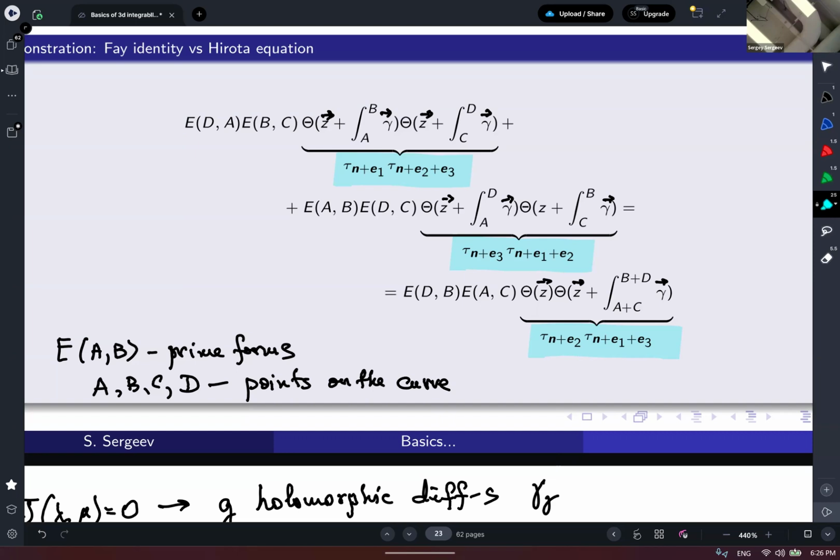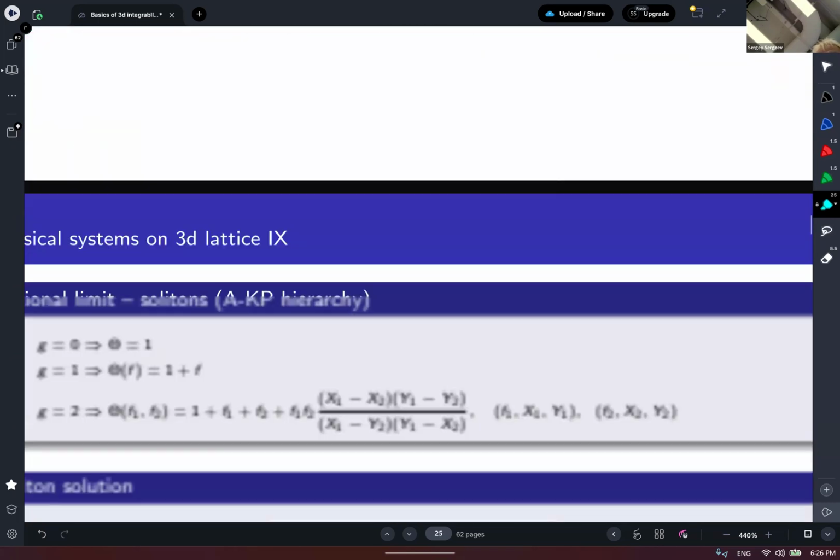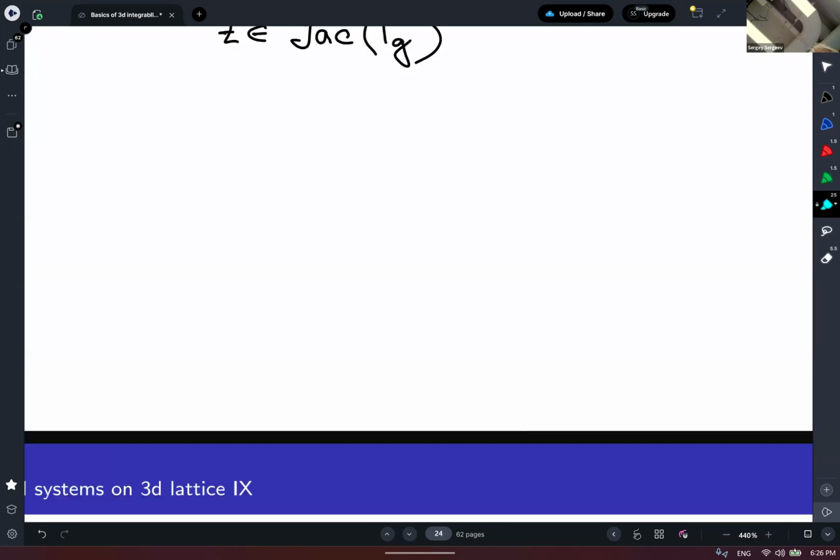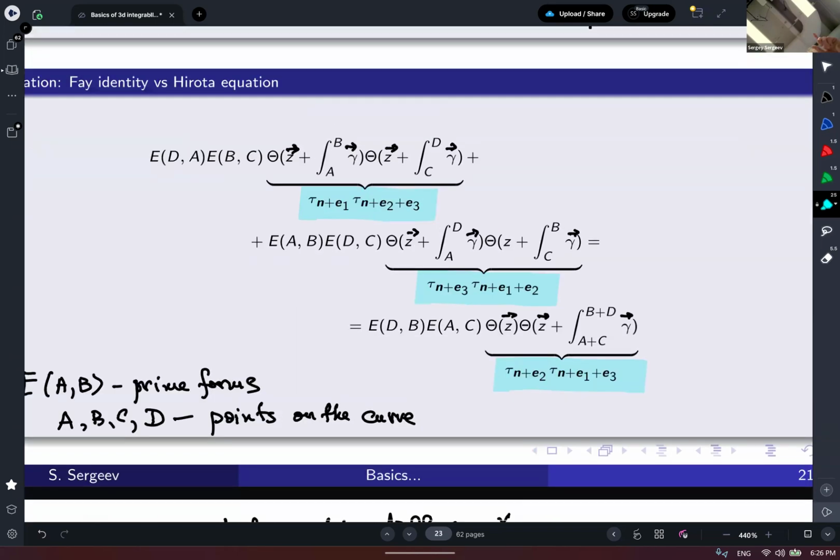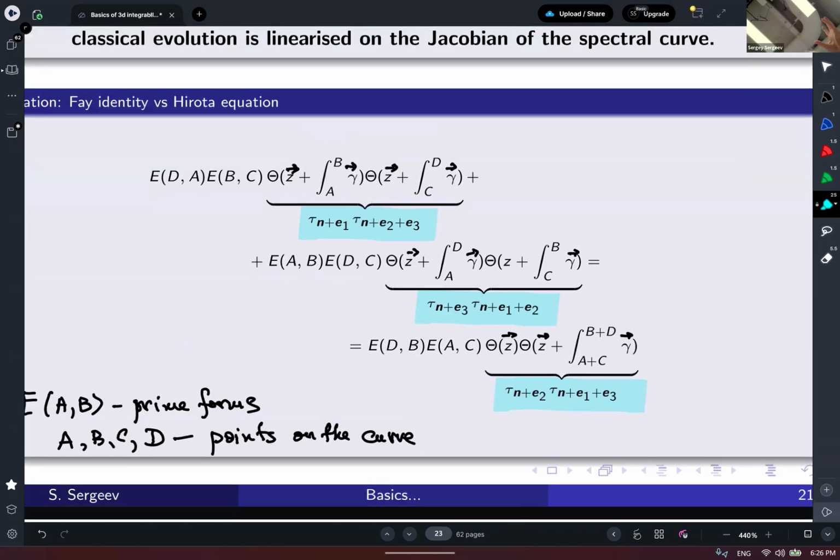So the relation is one-to-one. But the Hirota equation is a particular case of an integrable system in 3D. A more general integrable system is obtained in the approach that I described, in general position. The Hirota equation is a particular case.